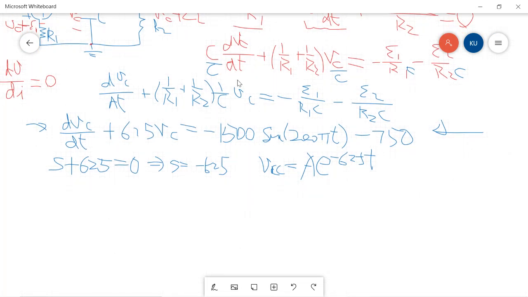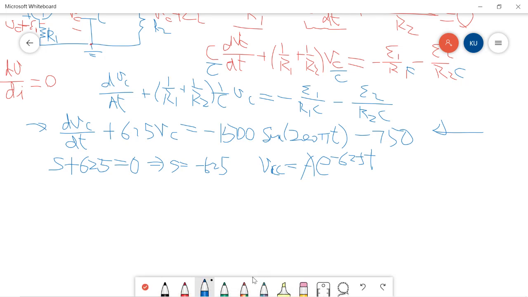So next, we need to assume our particular solution for our VC. So this one is a sinusoidal function, which means that we need to assume it to be b cosine with the same frequency, 200 pi t, plus d sine 200 pi t.